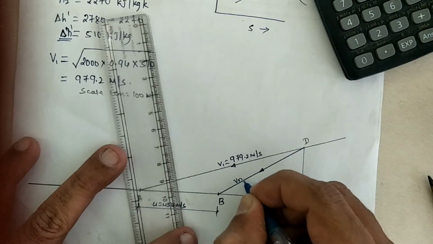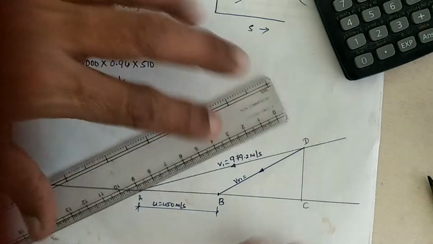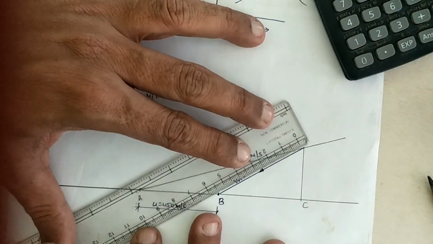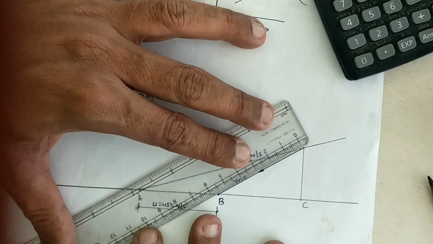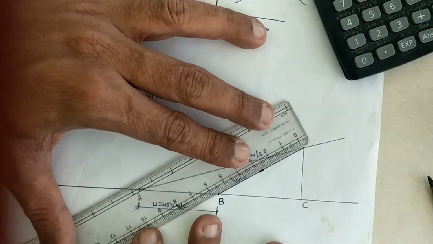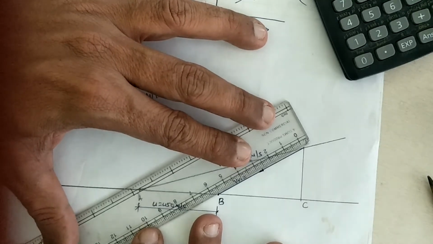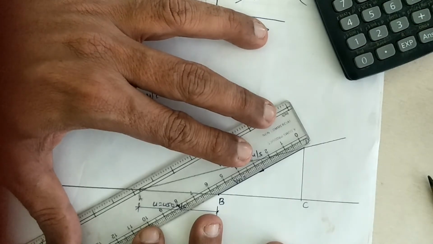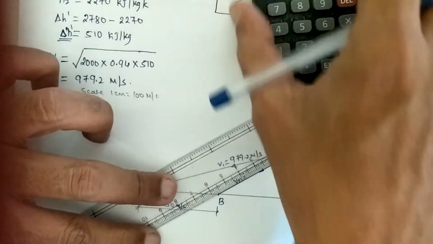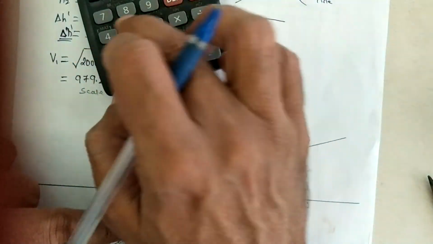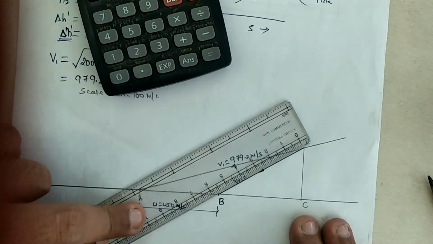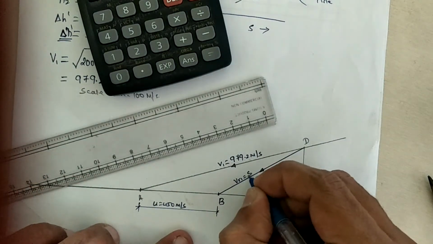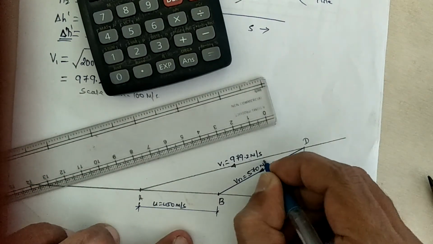So VR1 is equal to, so measure the length of VR1 here. It is 5.6 or 5.7, we can say 5.7. So 5.7 into 100 is 570, so I can say 570 meters per second.